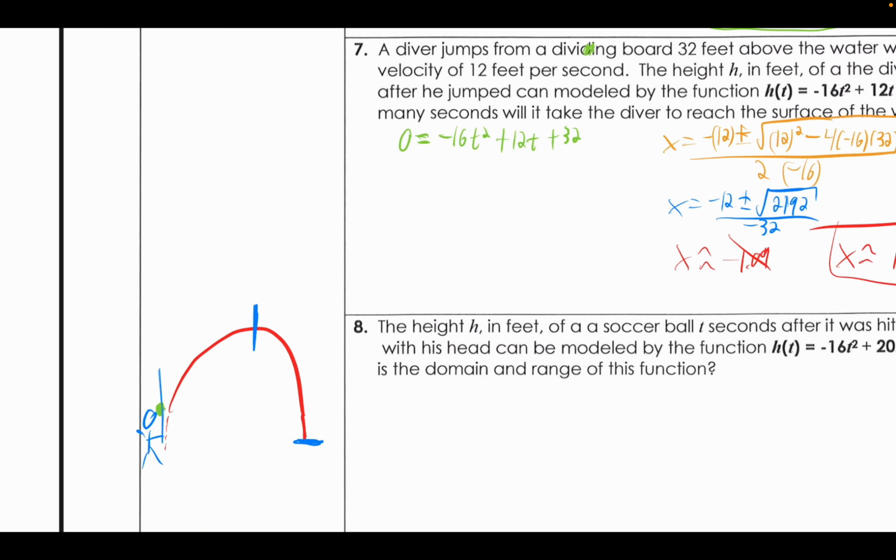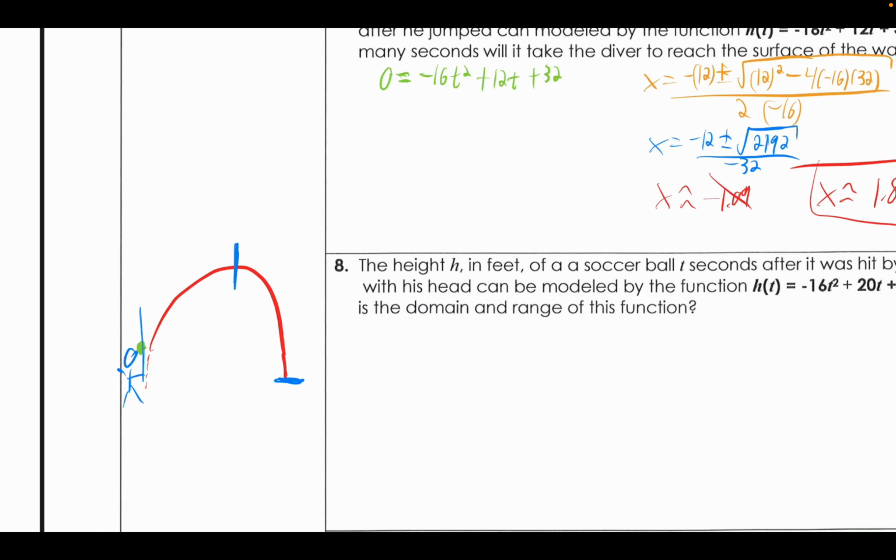And so we need to plug in 0 in order to find the ending timestamp when it hits the ground. And so we're going to plug in 0 for our function, or replace the left-hand side with 0, and get 0 equals negative 16t squared plus 20t plus 6.5.